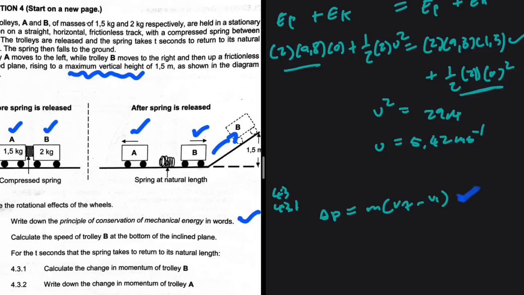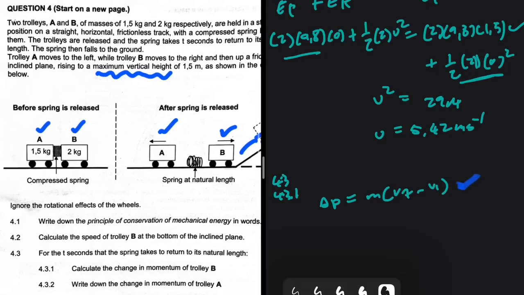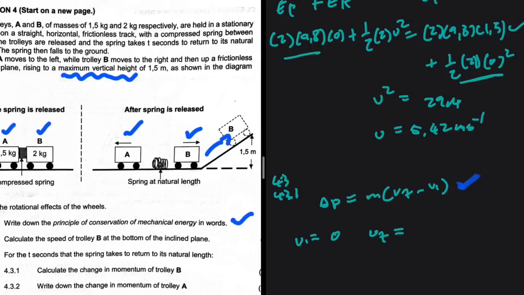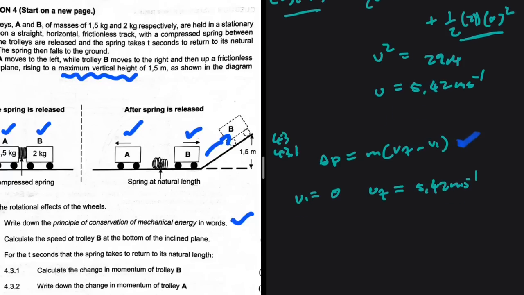Before the spring is released, the initial velocity of both trolleys A and B is 0, right? And then after the spring is released and it is at its full length, B is climbing up the incline with a velocity of 5.42 meters per second to the minus 1, right? Up the incline to the right.